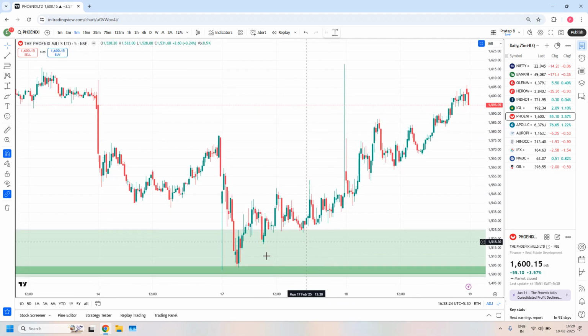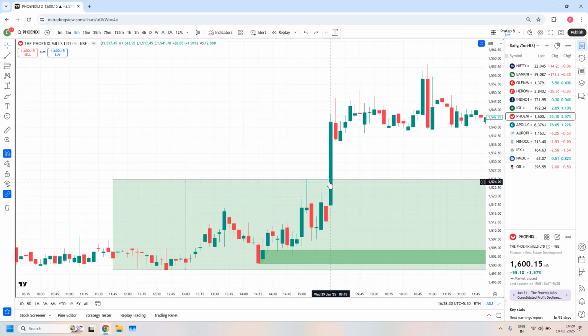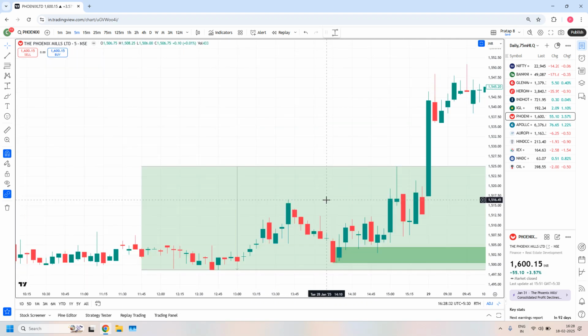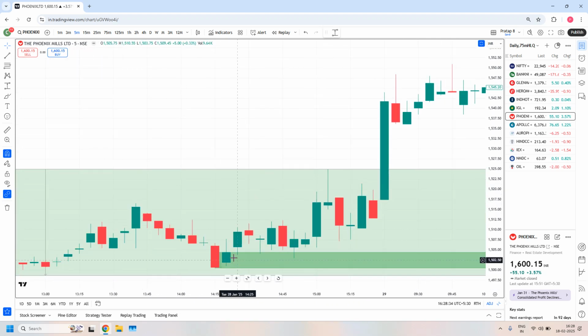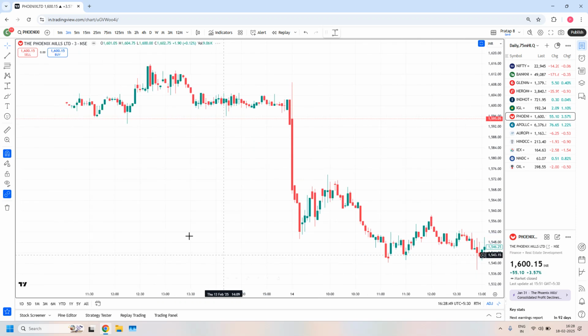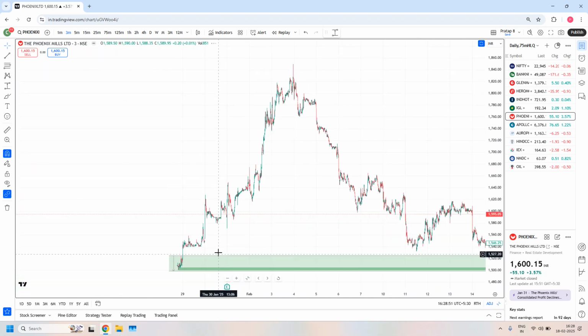After that, in recent time, prices came here and again moved up and again came here. So how is it possible? Here there is no proper zone. Is it a drop base rally? Not convincing, right? Okay, this is a base candle, but this is a rally candle, not really convincing. That's why I went to the 3 minutes time frame. In 3 minutes, I have seen a very clear structure.